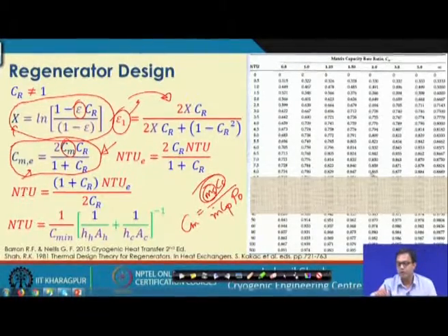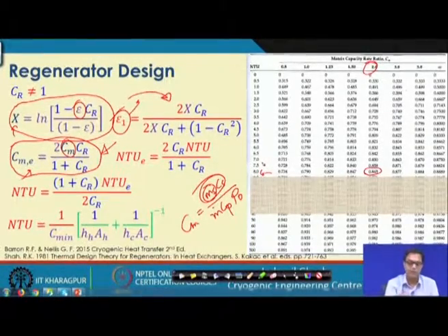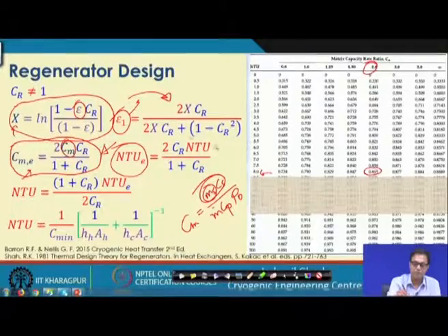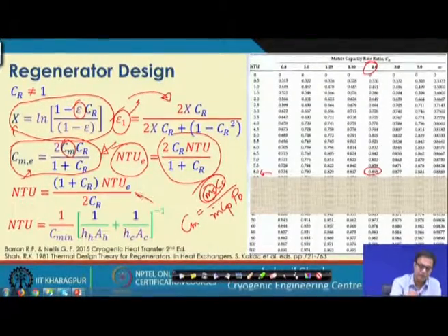If it is say 0.861 and Cme is 2, in that case we know the value of the corresponding NTU. That becomes the effective NTU, and from there we have to calculate the actual NTU by this process.